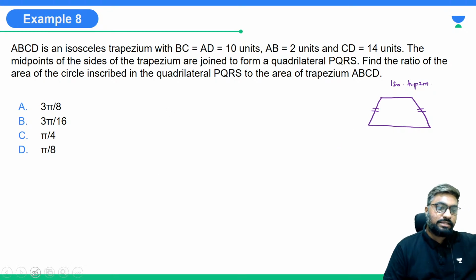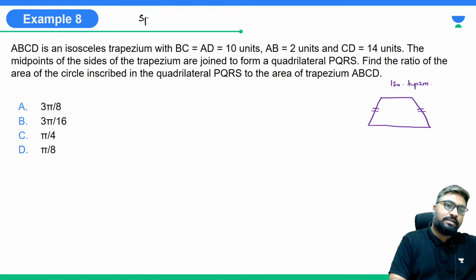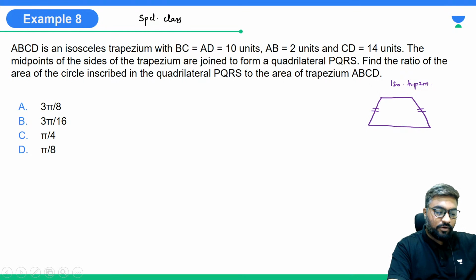एक काम करेंगे गाइस, इसका डायग्राम बनाने में बहुत प्रॉब्लम होगा यहाँ पे. We'll do this in the special class. Okay. Today we have a special class for quadrilaterals. आज quadrilaterals के लिए special class है. I'll tell you the timing.